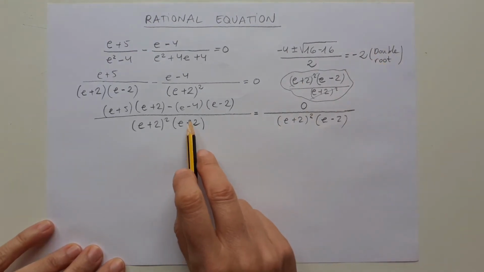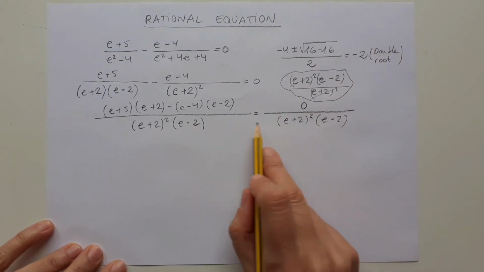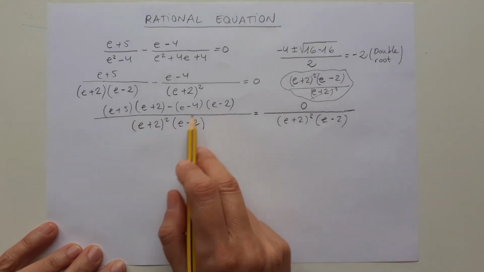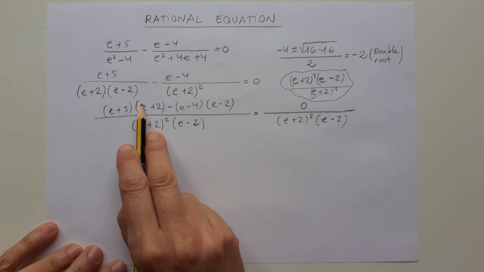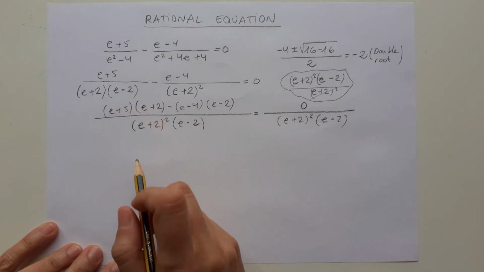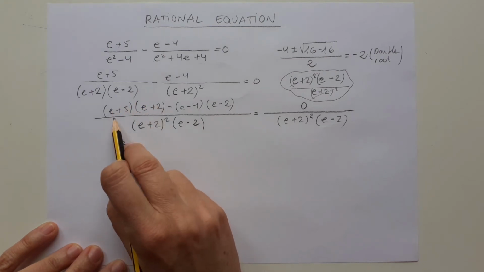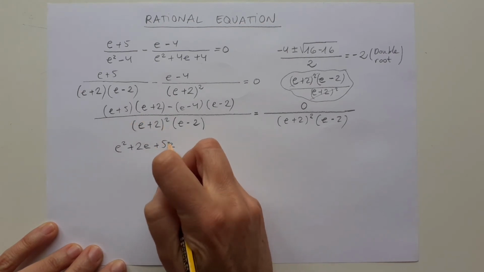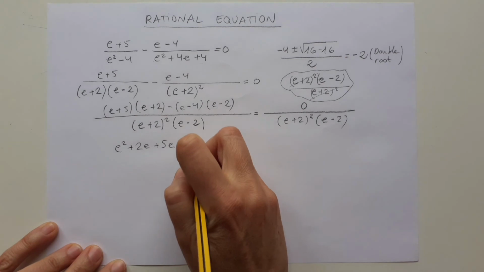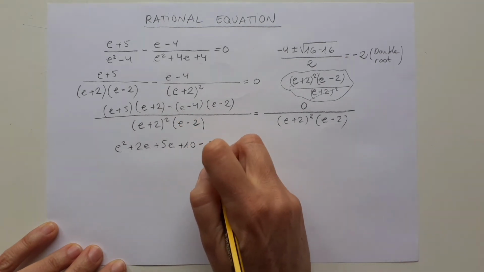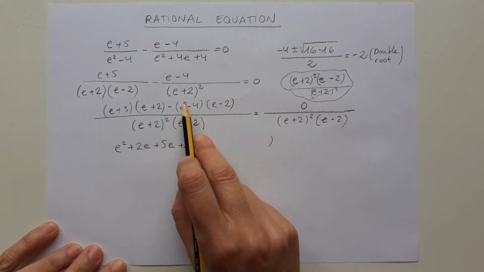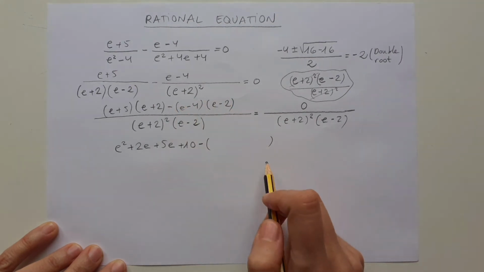So let's go. I can get rid of both denominators because they are the same. And let's develop this expression. I have to use the distributive property and multiply everything. E squared plus 2e plus 5e plus 10 minus, I'll write a bracket, I'll develop it, and then this minus affects everything and I'll change the signs later.